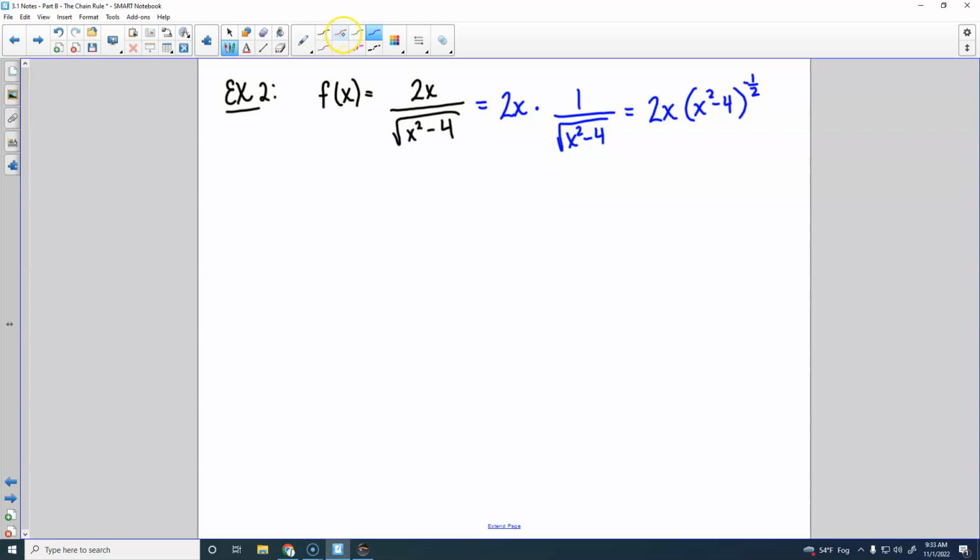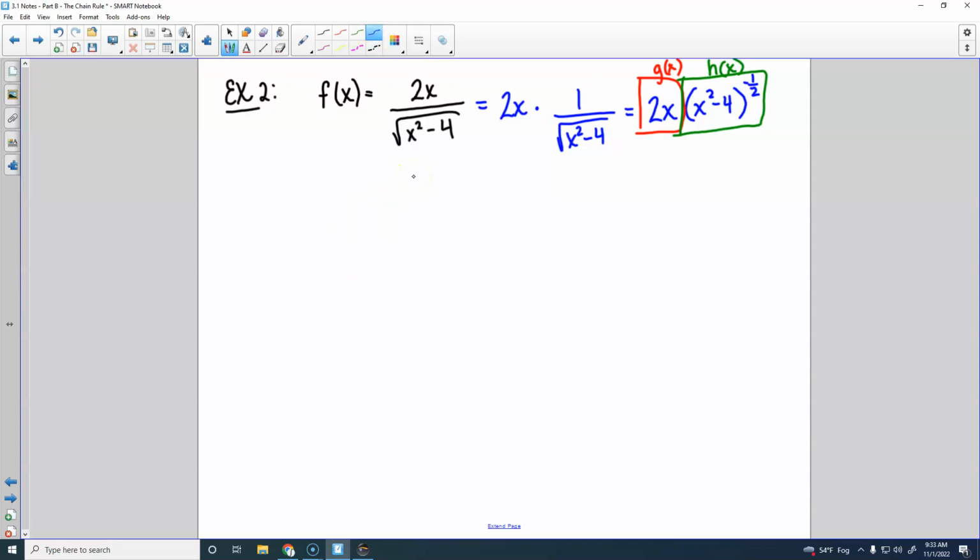But if we're going to do it this way, then I'm going to call this g of x. And I'm going to call this part right here h of x. I'm just avoiding using f of x because they called this function f of x. So it would kind of be wrong to call one of the pieces f of x.